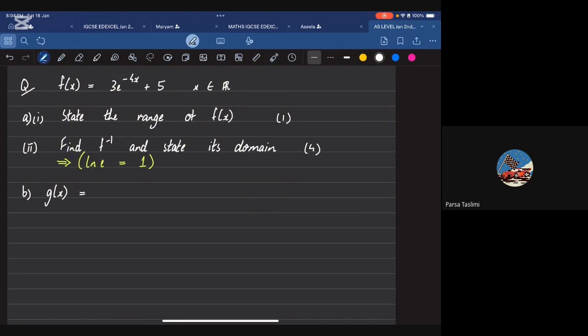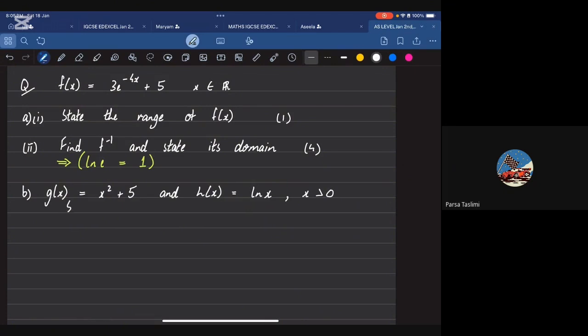Then g of x is equal to x squared plus 5. This is part B. This is different. And h of x is equal to ln x. And both have the same domain, which is x should be greater than 0.